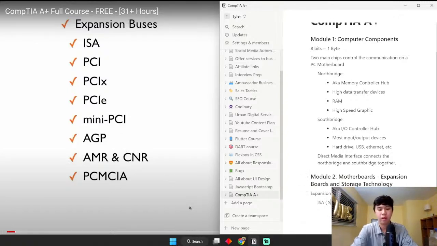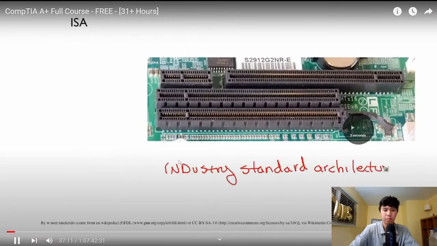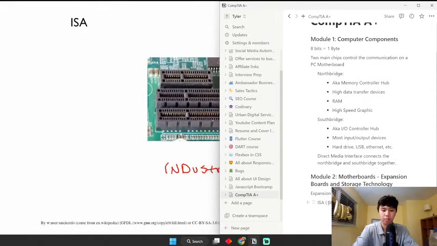Remember the middle part is standard, and the first part, industry, architecture. How do you spell architecture? There we go. The ISA port is right here.